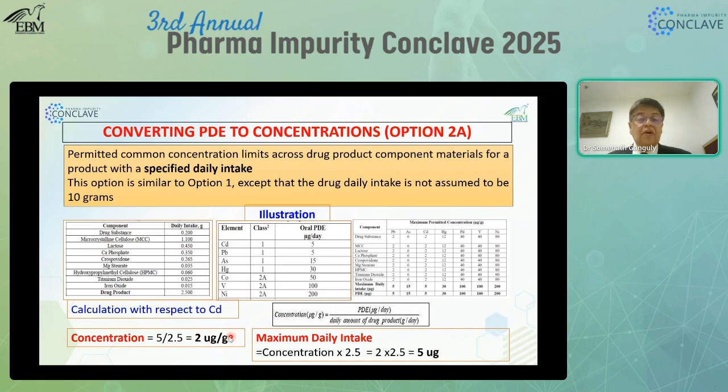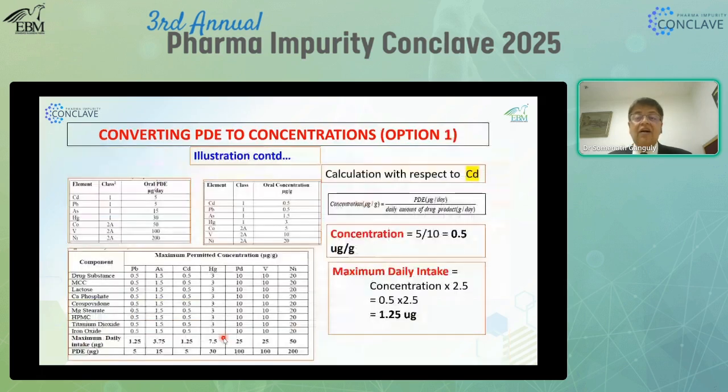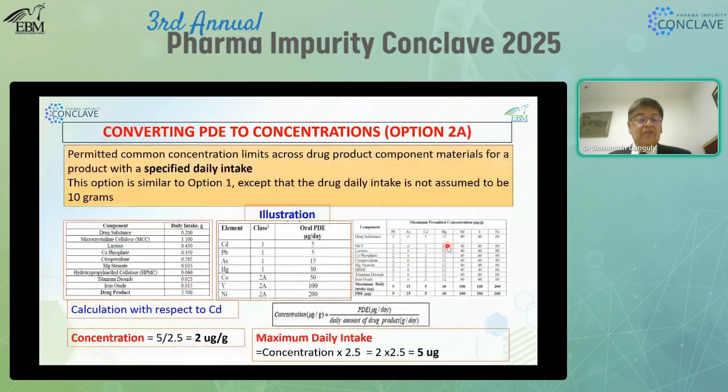So 2 microgram per gram is the specification. In the earlier case, it is 0.5 because it is 5 divided by 10. Here it is 5 divided by 2.5. Right? The equation is the same. This is the same equation even for genotoxic impurities, everywhere. The basic equation is the same.